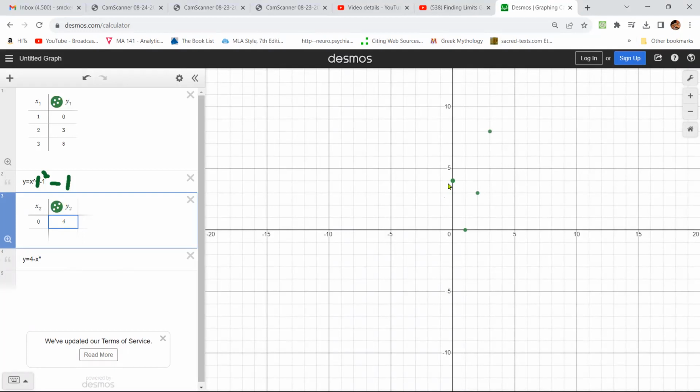Now here's the thing. 1 was defined as this point up here. 1 was defined as 1, 0, which is right here, right? If I put a 1 in the other format, then I'm going to get 3 here.